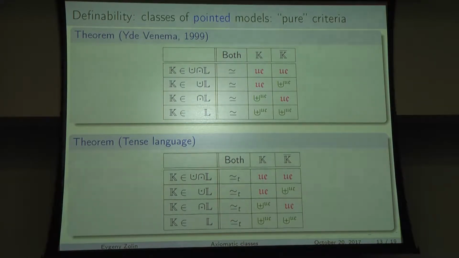Up to now, we were talking only about classes of pointed models, models with a point, which respect negation. A formula is not true in a pointed model if and only if its negation is true in that pointed model. If we now want to consider definability of classes of models, then we no longer have this property, and this makes some difficulties.